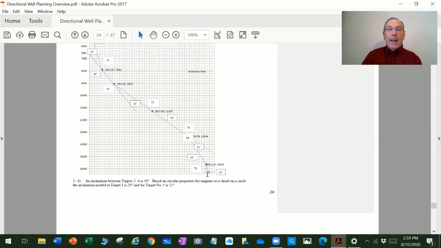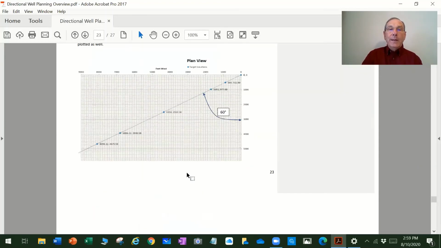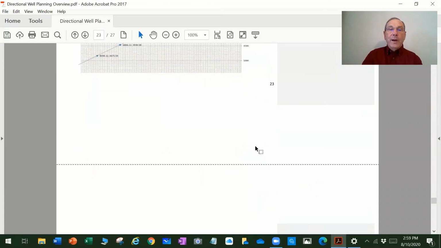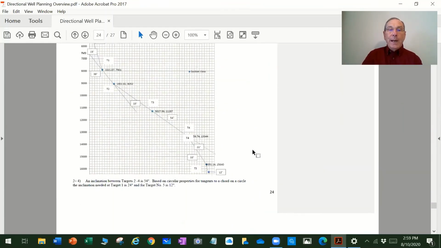And then likewise, down at the bottom, this is 54 degrees, and the angle between target number 4 and target number 5 that we looked at on the chart was 33 degrees. So therefore, this change in angle is 21 degrees. 54 degrees minus 33 degrees is 21 degrees.